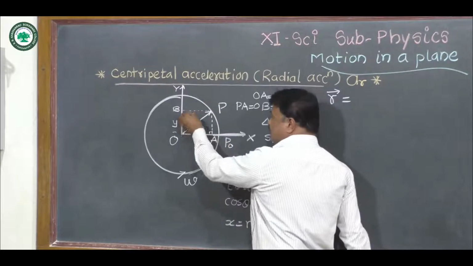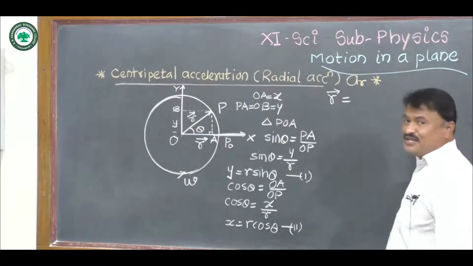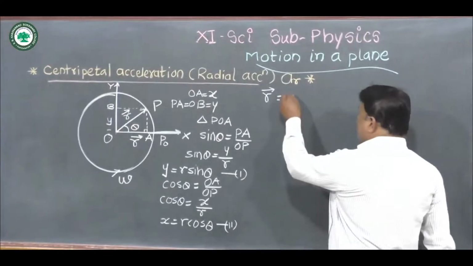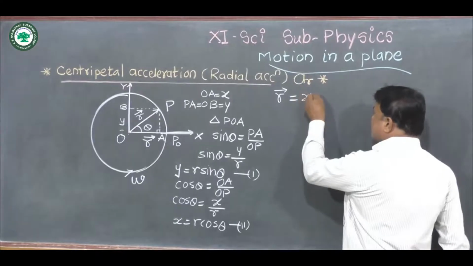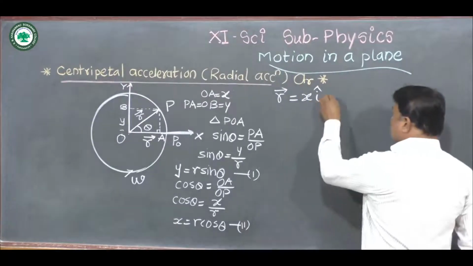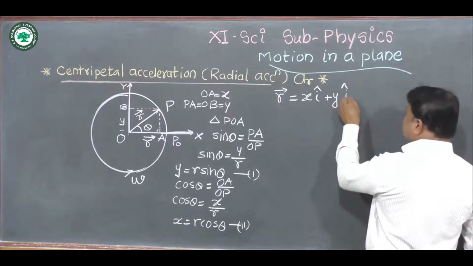So this is the radius vector, say r bar. This r bar can be resolved into components. One is along the x-axis, so we write r bar is equal to x i cap plus y j cap, equation 3.